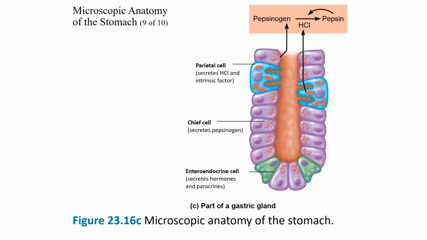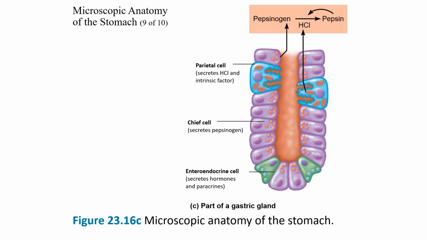So this picture is very good at showing you the gastric gland and telling you that, okay, here are the parietal cells, secretes HCl and intrinsic factor.